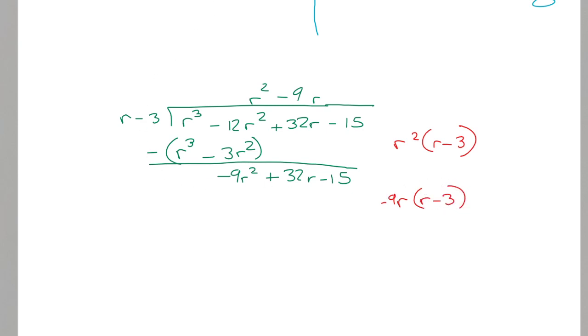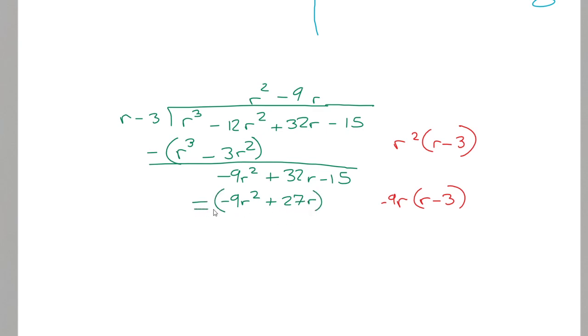Multiply in, so sorry that I keep changing the colors, just to help you know that this is what's occurring underneath here. So negative 9r times r is going to be negative 9r squared. Negative 9r times negative 3 is going to be positive 27r.